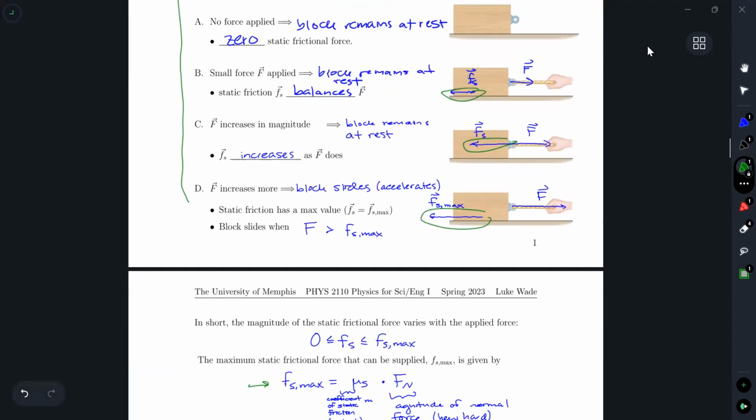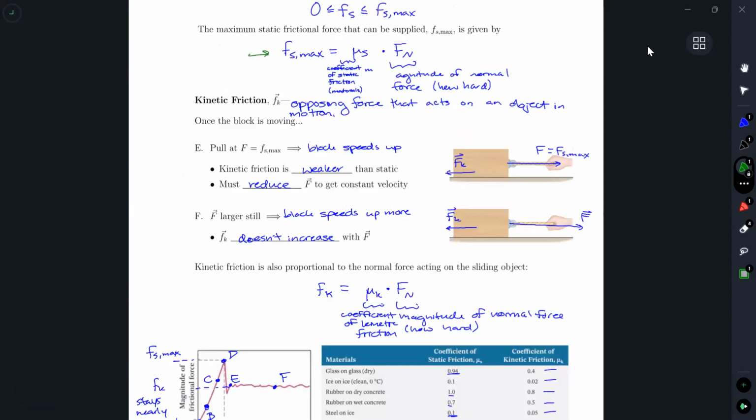When that happens, that max is given by this equation here, and then we enter kinetic friction. Something is sliding. In that case, you can jump straight to this equation. That applies in general to kinetic friction, not just any specific speed or anything, because kinetic friction doesn't depend on speed.